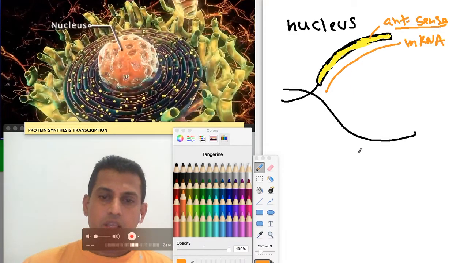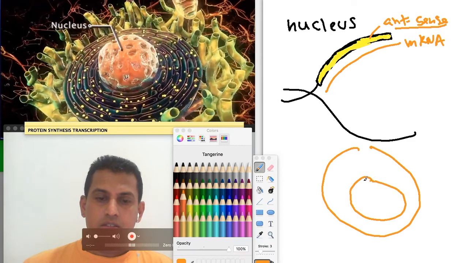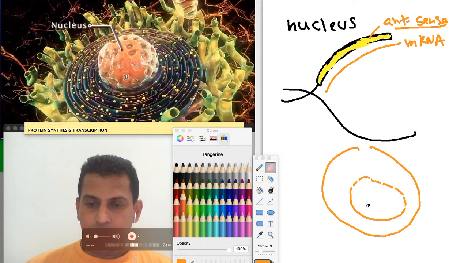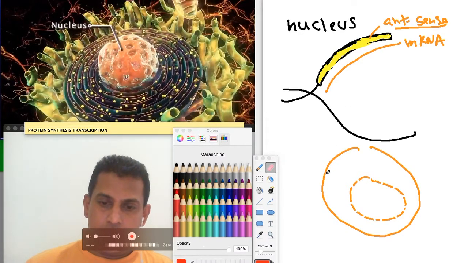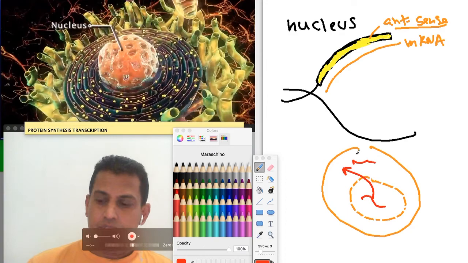After that, this mRNA leaves the nucleus through nuclear pores. These tiny pores could be around 100 nanometers. They are like windows, just molecules can come and go out. So now this molecule, from inside the nucleus, is moving out to the cytoplasm.